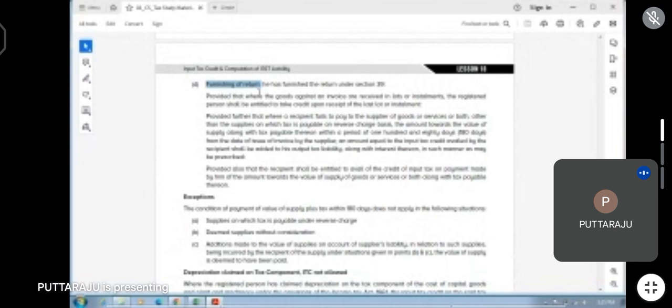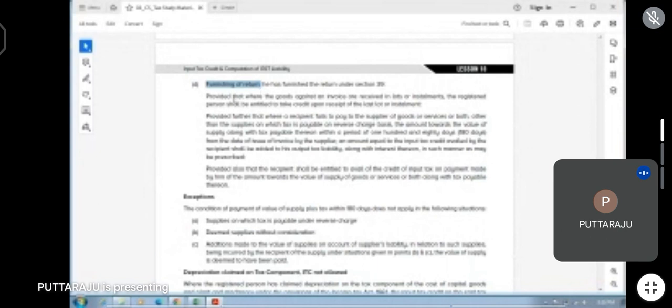Now there are certain exceptions. Certain exceptions in the sense, until and unless you comply with these provisos, you cannot claim ITC.